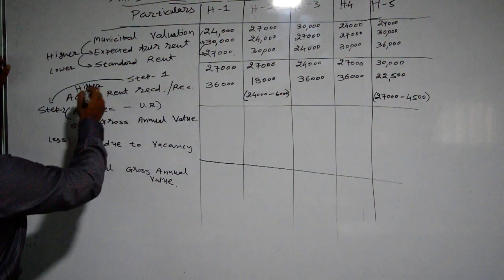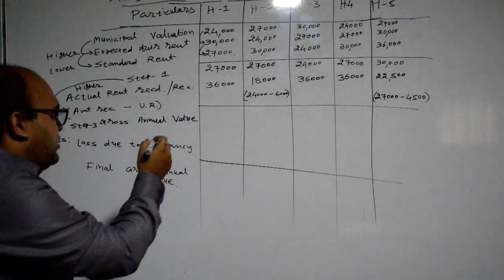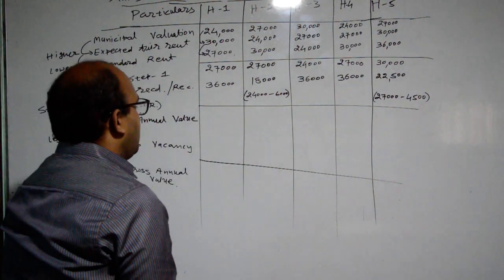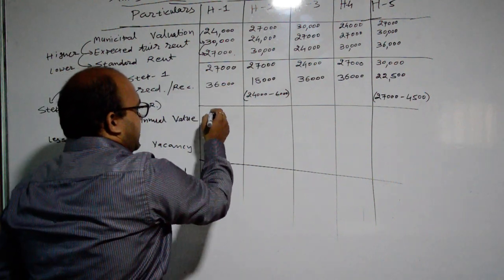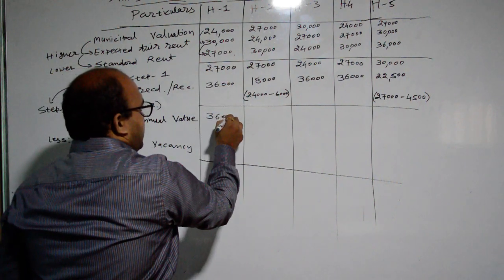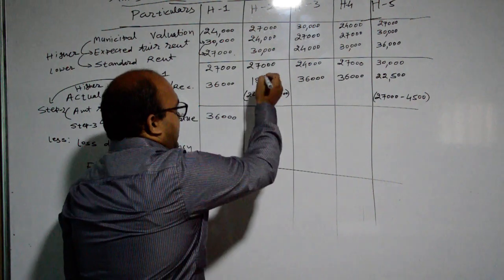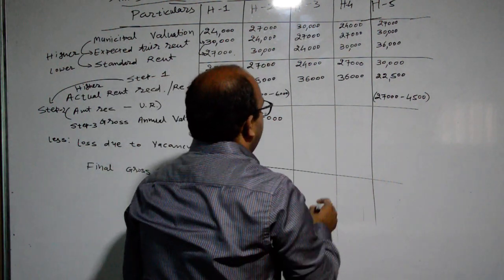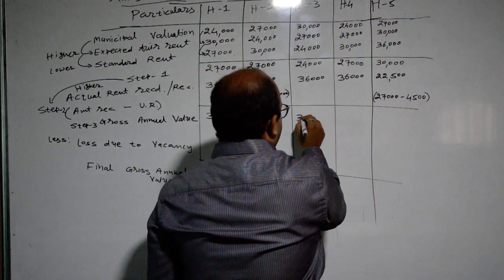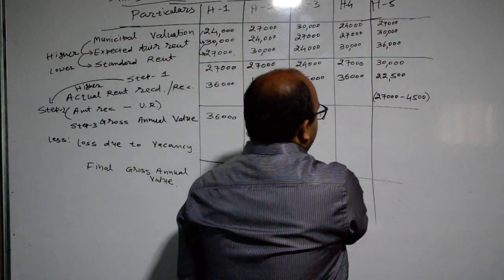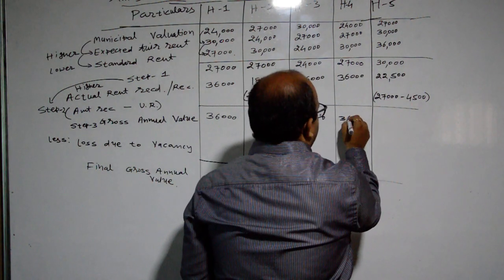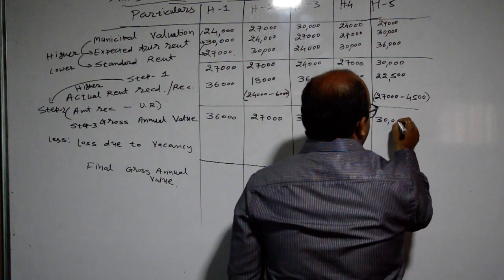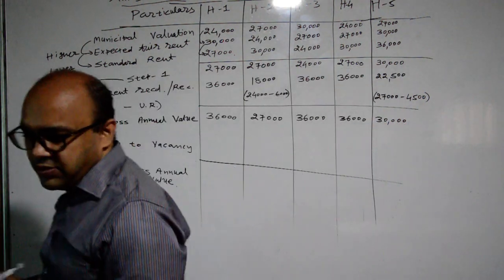In step number 1 and step number 2, the higher value will be selected, and it is known as step number 3, the gross annual value. Between 27,000 and 36,000, the higher value is 36,000. Then 27,000 and 18,000, so 27,000 is our value. Then 24,000 and 36,000, 36,000 is the higher value. Here also 36,000, and here 30,000. This way the amount will be calculated.